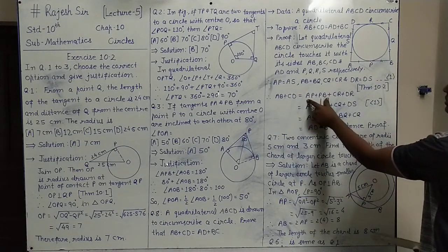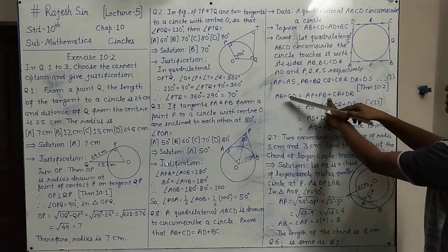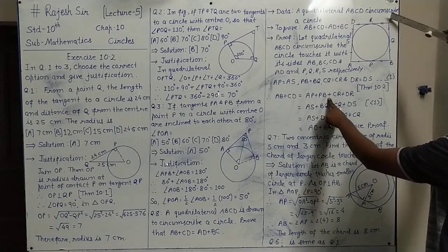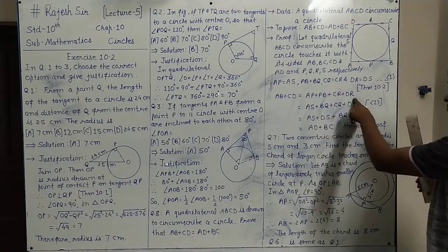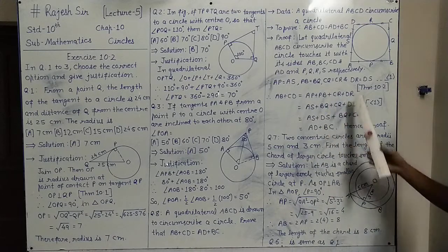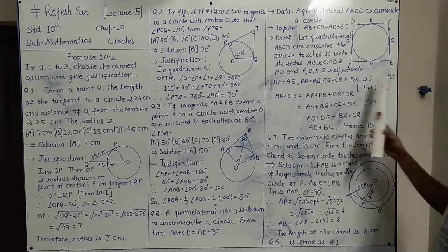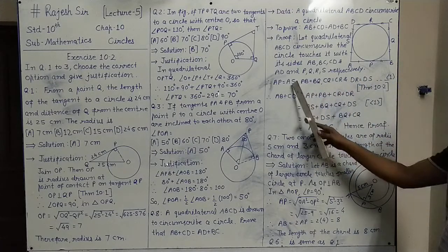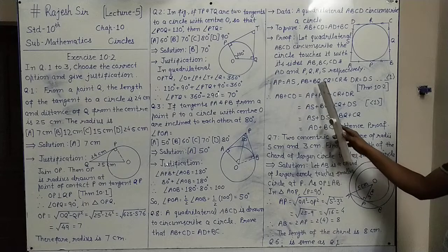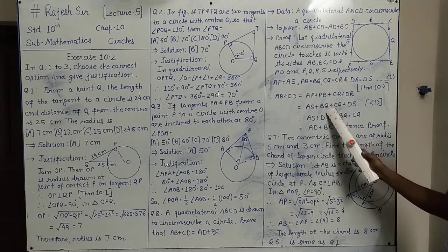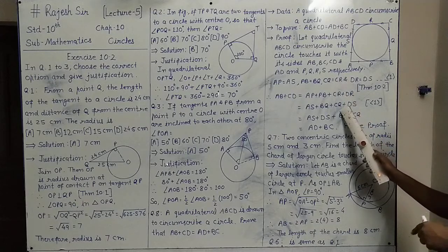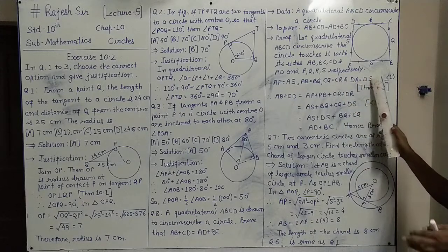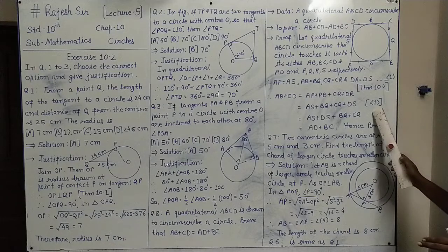Similarly, CD whole can be written as the sum of CR and DR. Now, using result one, AP goes to AS, plus PB, in place of that BQ we can write, plus CQ, in place of that CR we can write, plus DR, in place of that DS we can write, from result 1.